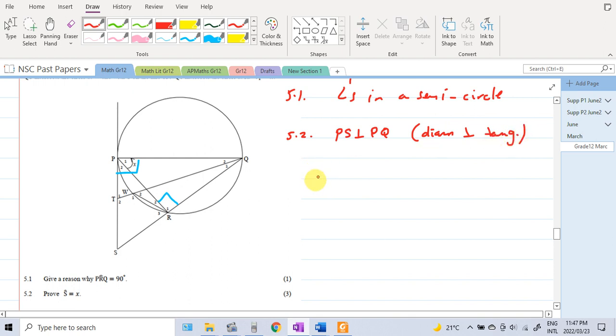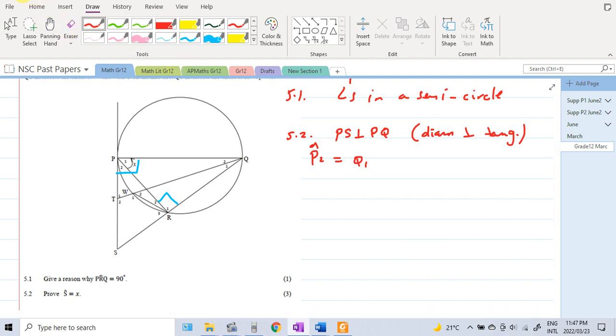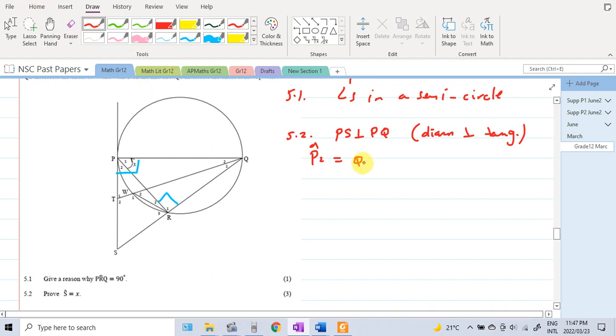And we can say therefore angle P2 is now equal to angle Q1. Let's use 3-point notation in this case, or you can say angle Q1 plus angle Q2, which is equal to 90 degrees minus X.